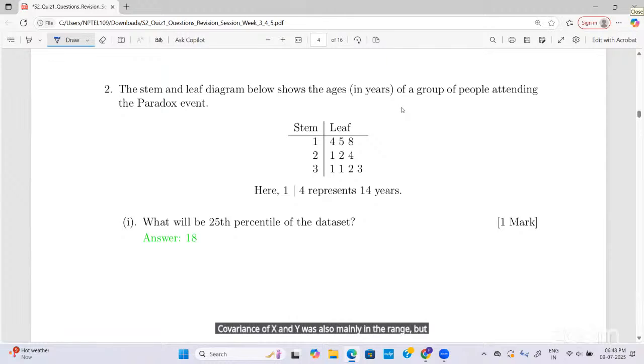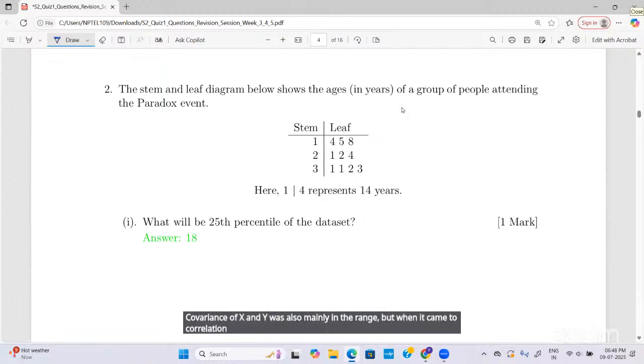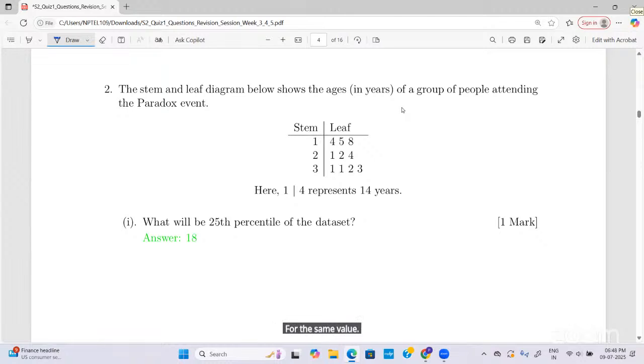But when it came to correlation, it was suddenly wrong for the same values. For me Sx is 1.38, Sy is 2.80, and covariance of XY is minus 2.98. So these three values were correct, so my correlation should also be correct. The calculation is correct.